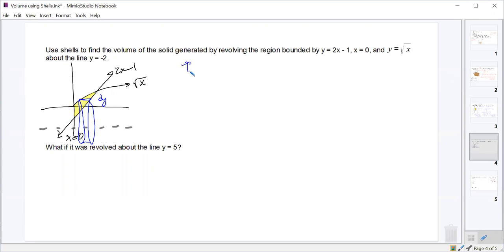Let's think about the thickness, which we just said, right? What is the thickness? It should be dy. And what about our radius? Normally, if we're just going around the x-axis, it should be y, but we're not just going around the x-axis, we're going around y equals -2. So y is the distance from the x-axis up here, or potentially down here. What do we need to add to that to get the actual radius?